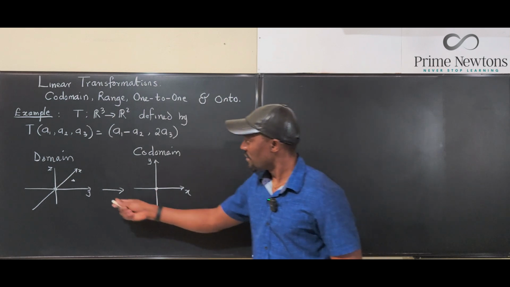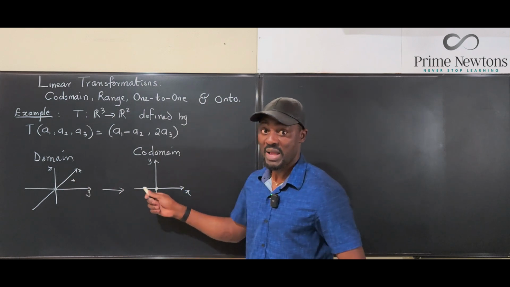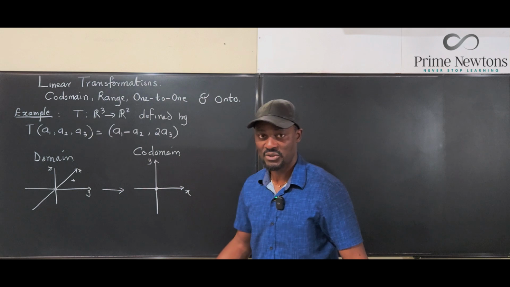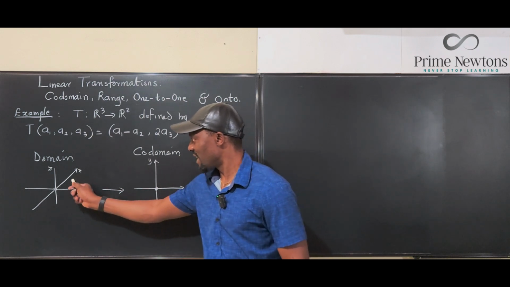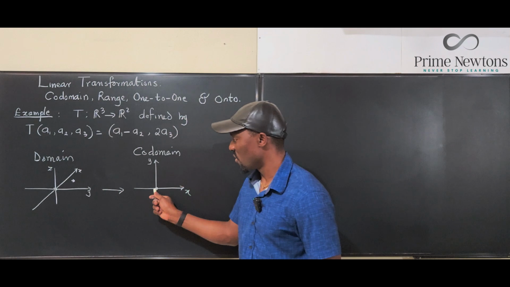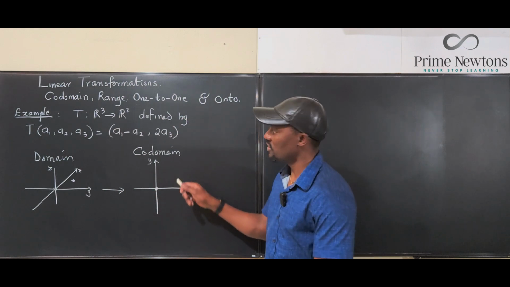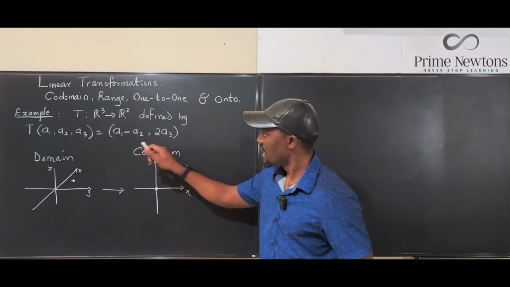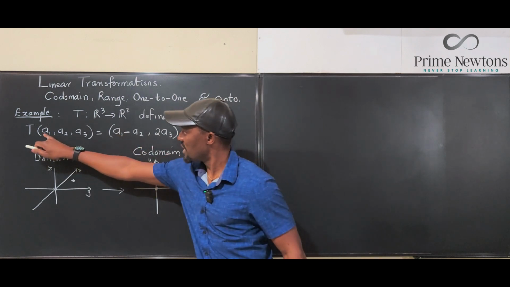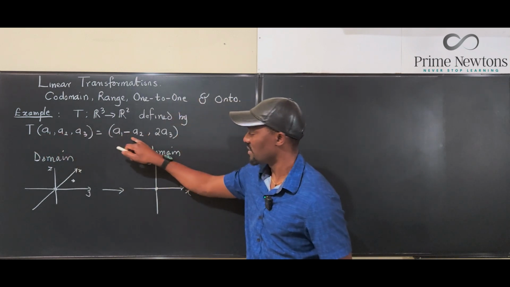Now, this can also map to 0 depending on the kind of linear transformation that we are performing. But let's say this guy does not map to 0, then it must map somewhere else following this rule. The rule is a1, which is this, minus this is how you're going to find this.